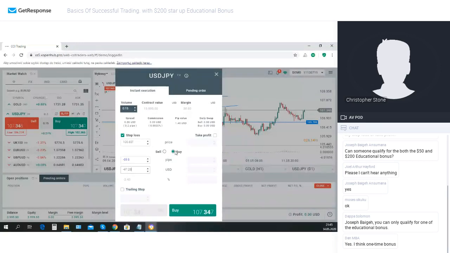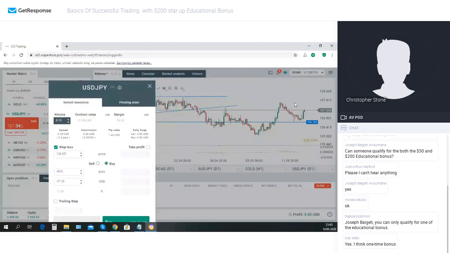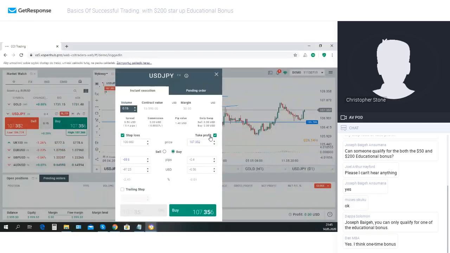Okay, so we want to buy, right? And where is the take profit? For example, when I'm thinking this will go to 107.70. So for example, I'm seeing this will be $48, and it will be in this area.